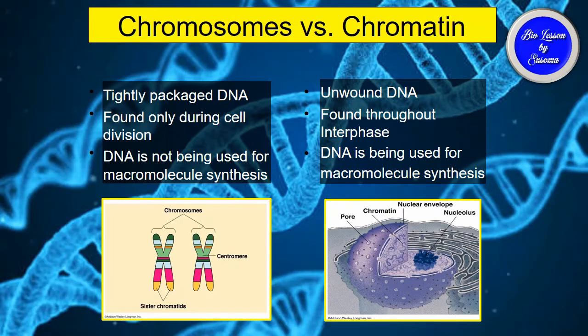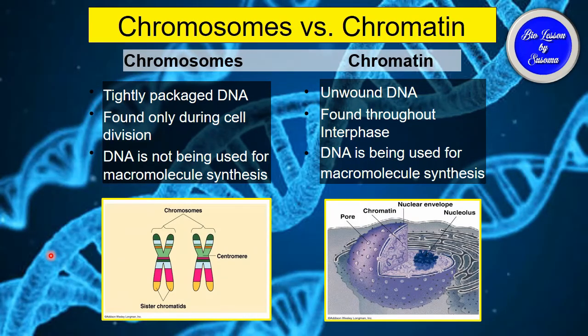Next, what are the differences between the chromosomes and chromatin? Now, in chromosomes, the DNA are tightly packed. On the other hand, in chromatin, the DNA are not tightly packed.